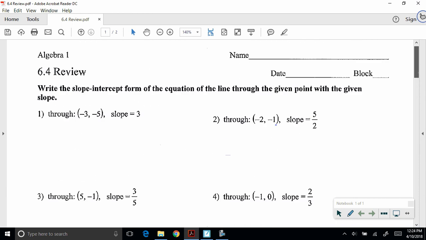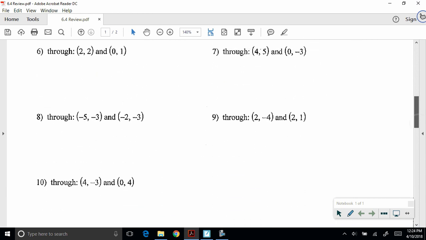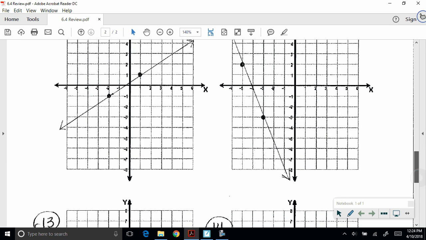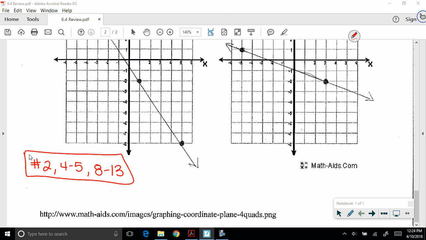So I'll say that again: 2, 4, 5, 8, 9, 10, 11, 12, 13. So 8 through 13. These are the numbers you're going to do on this worksheet.